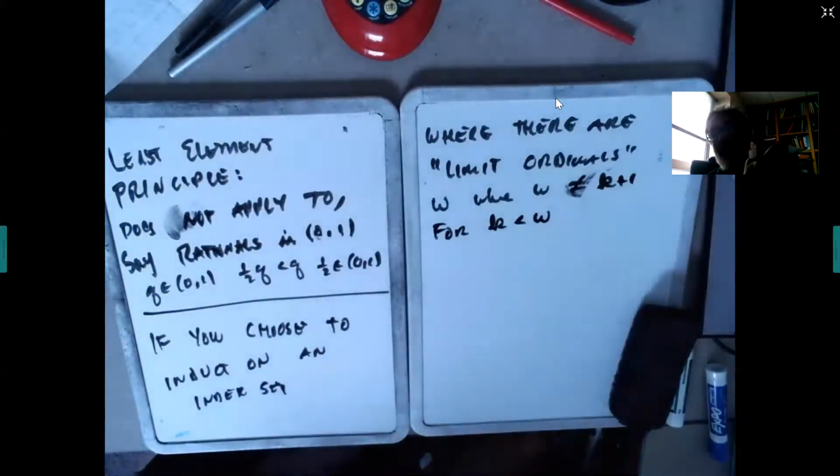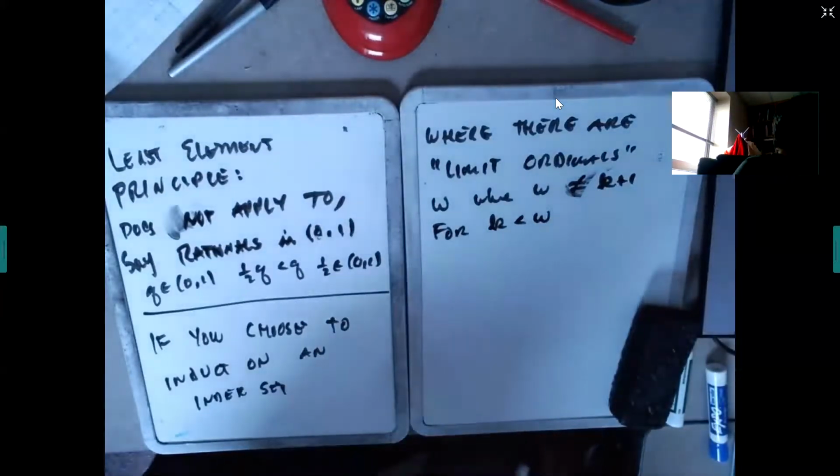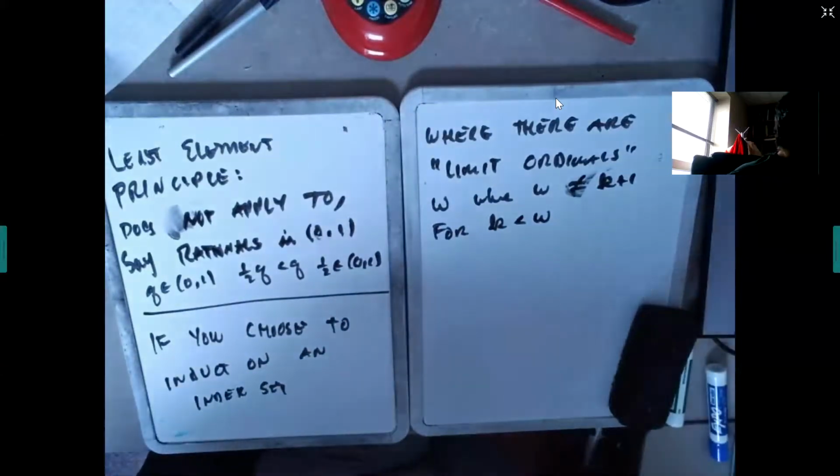For example, let's say you're talking about some abstract countable set, and this is the first countable ordinal, omega naught or whatever.